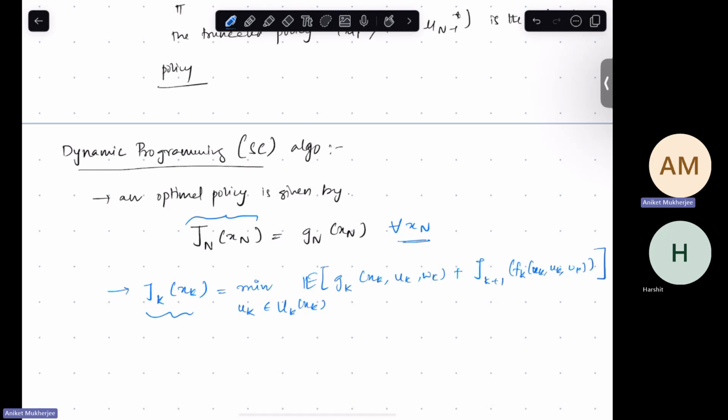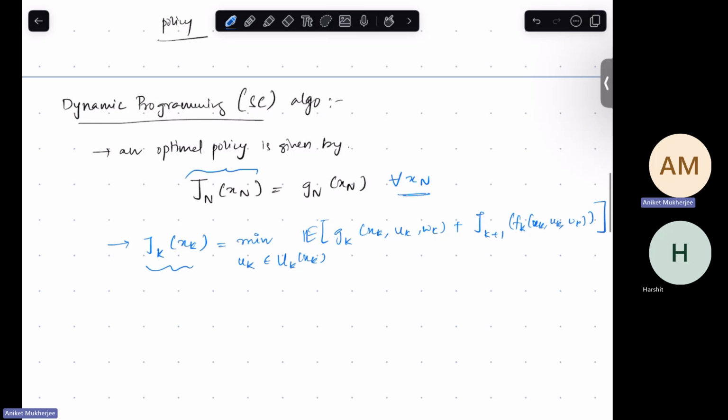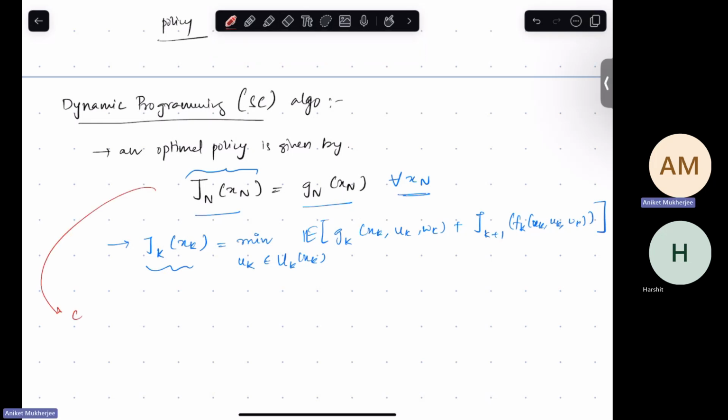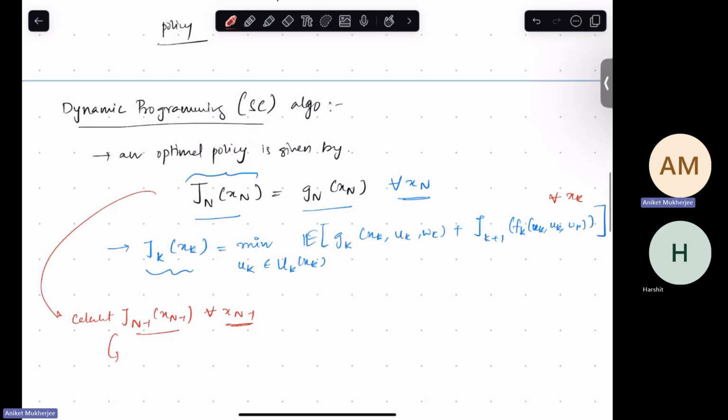And you keep on doing this for all cases. So you first define Jn equal to gn. Then after this you calculate Jn minus 1 of xn minus 1, for all xn minus 1s. This is for all xk. And then using this Jn minus 1, you calculate Jn minus 2 of xn minus 2 for all xn minus 2. And this formula is given by this Jk.